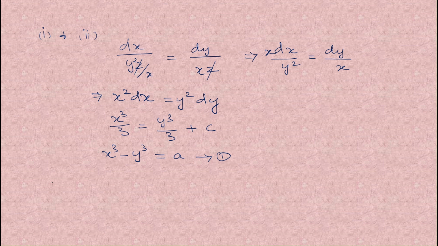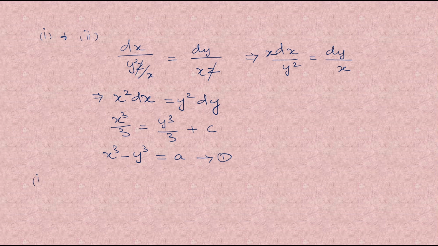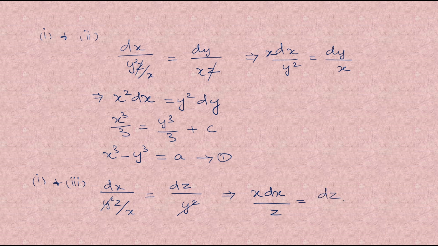Next, similarly, we have to equate the first and the third ratio. The first ratio is dx divided by (y square z divided by x) is equal to the third, dz divided by y square. So here the derivatives are dx and dz, so we don't want the variable y here. So it is easy to cancel that y square also, which gives x dx divided by z is equal to dz.